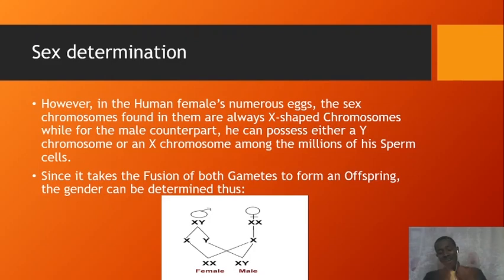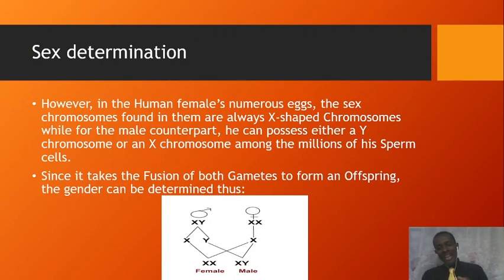In a single ejaculation of a man, there are millions, between 20 to 300 to 500 million spermatozoans inside the semen that is secreted.